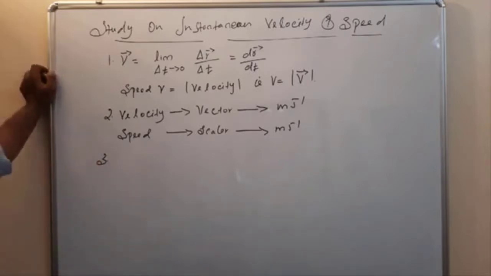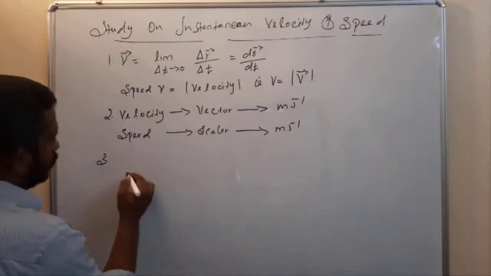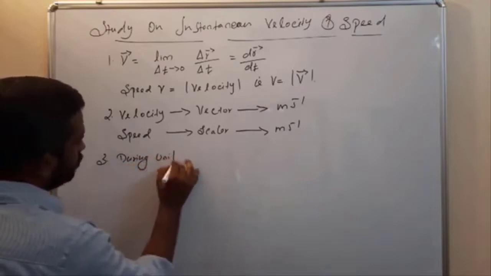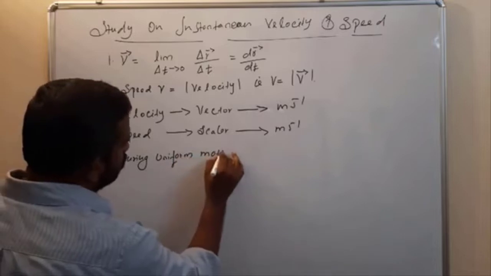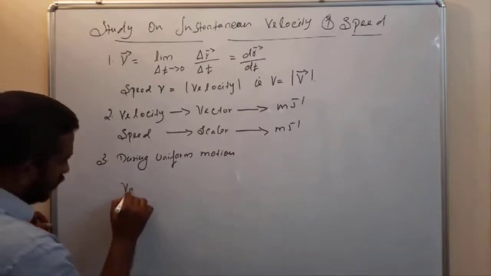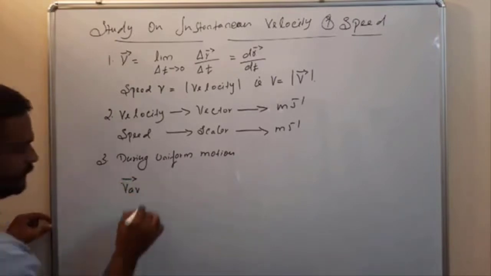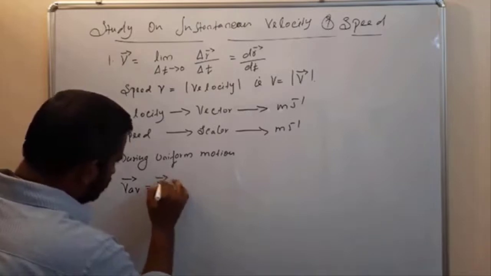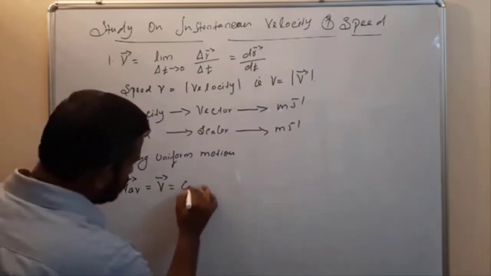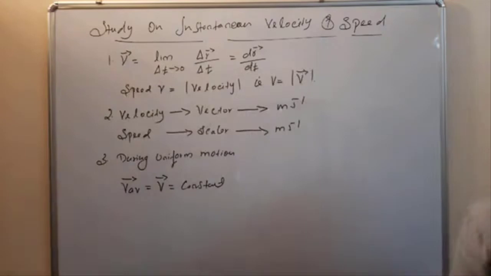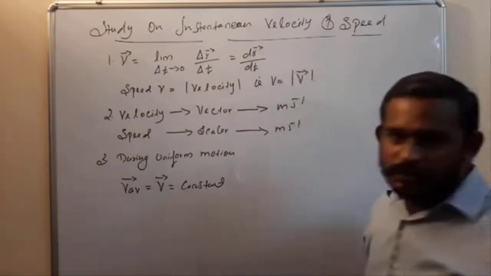Third point. During uniform motion, average velocity is equal to instantaneous velocity, which is equal to a constant.